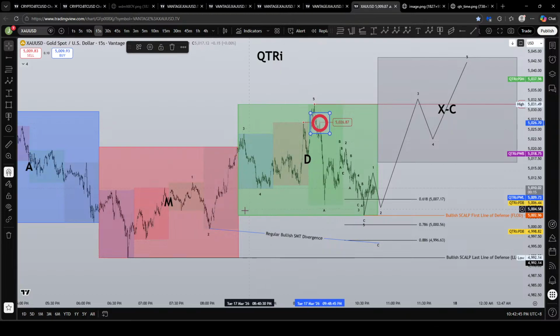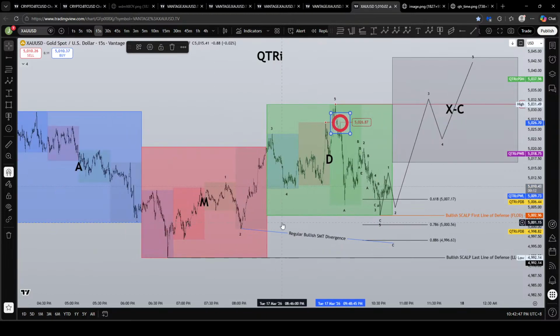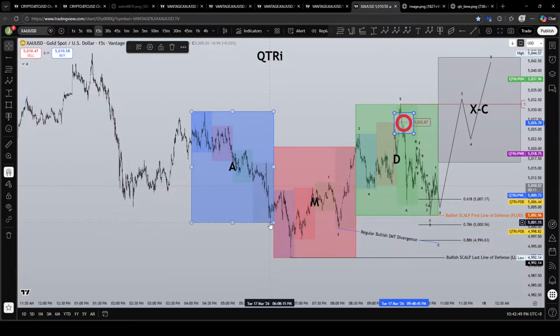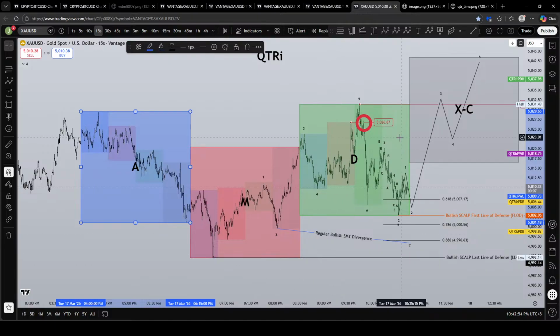And then after that, your target will be at least the low of quarter 1 or quarter 3. And based on your forecasted structure, the probability of sweeping the low of the subquarter, or rather the quarter 2, is low.